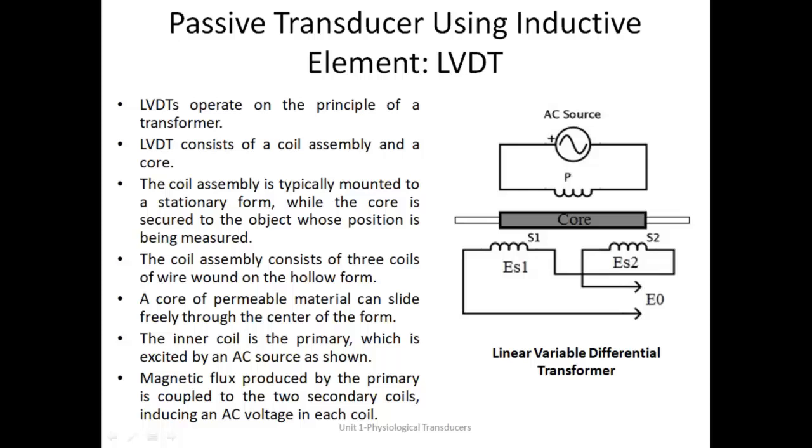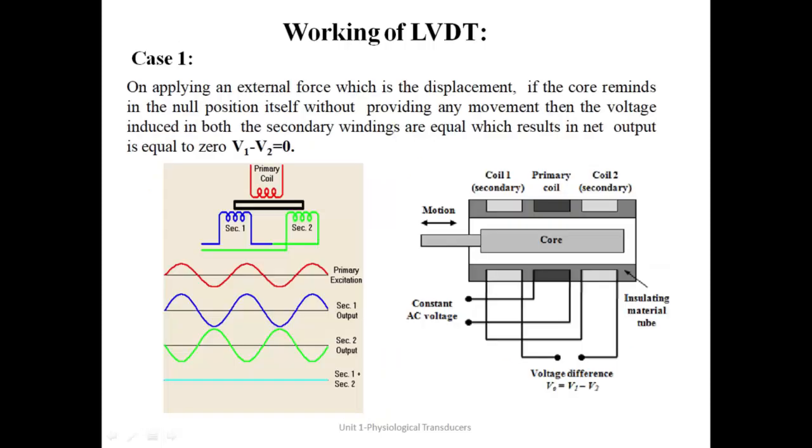Initially the core is placed right in the center. When it is in the center, the voltages produced in S1 and S2 are equal, and so the net voltage that you get is 0. Over here on the figure, red color is showing you the excitation in the primary coil.